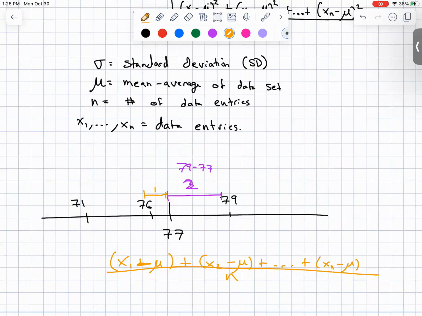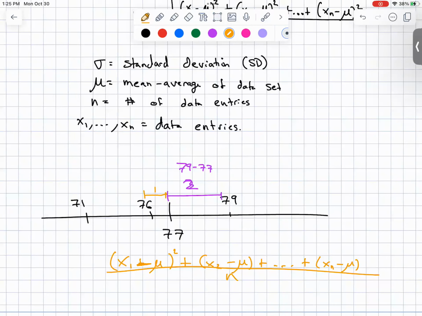That would give us the average, but the problem is that if I wanted to know an actual distance from the mean, some of these numbers would be negative. And we don't want to really have a negative distance. That doesn't make much sense. So what we do as mathematicians to kind of bypass that is we square it.